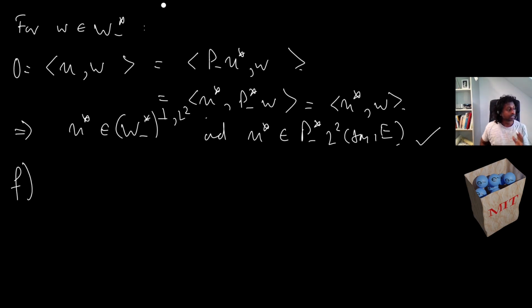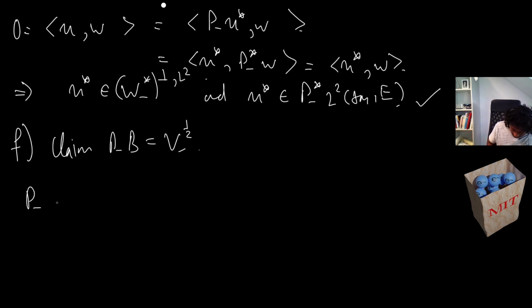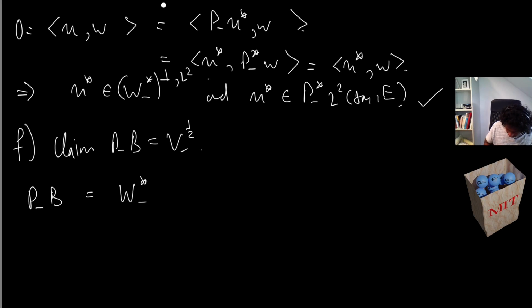So now we really prove what we want to prove. So what is P B minus? So the claim, we finally prove that P B minus is equal to V minus a half. So how do we do that? So P minus B, the first equality we get from these conditions that we've proved, you can look up which one exactly because I didn't write it down, unfortunately. We can write this as the annihilator of the W minus star in the P minus H minus a half.